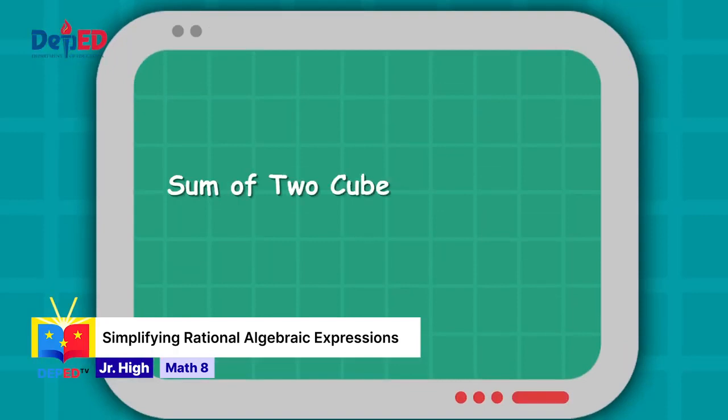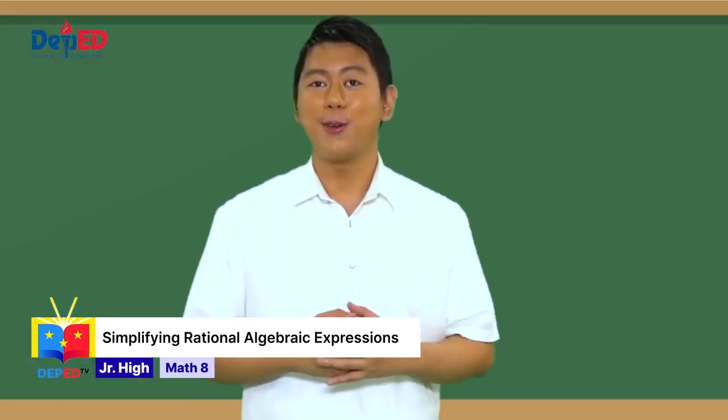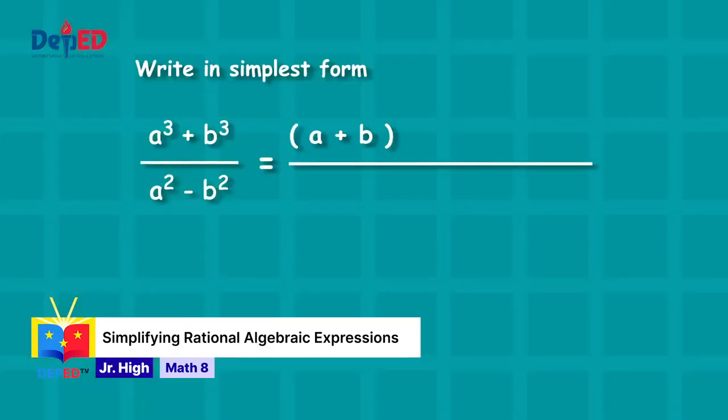The factors of a sum of 2 cubes consist of a binomial factor and a trinomial factor. The binomial factor of this special product is the sum of its roots, a plus b. What about its trinomial factor? It is the square of the first term, a squared. Then, what is the next operation?